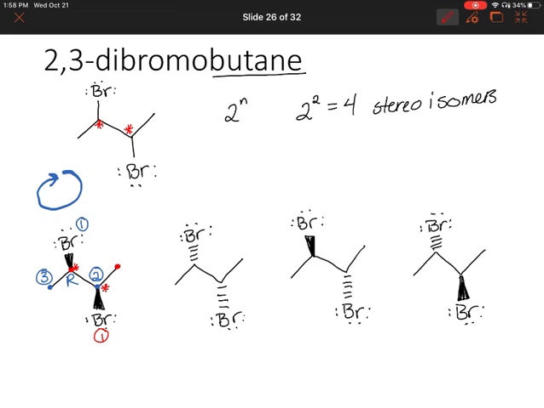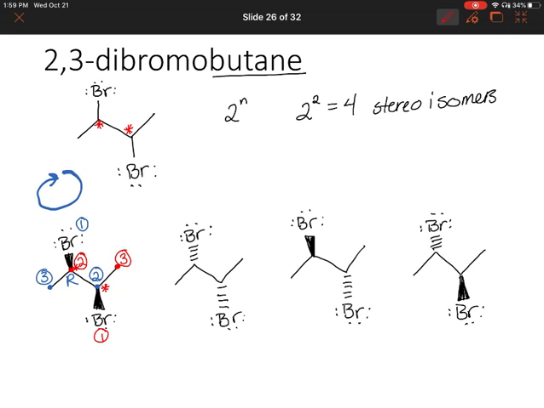So which carbon would have second priority, the one on the left or the one on the right? Well, the carbon on the left is bonded to a bromine and another carbon, which are heavier than the hydrogens that the carbon on the right is bonded to. So that will get second priority.